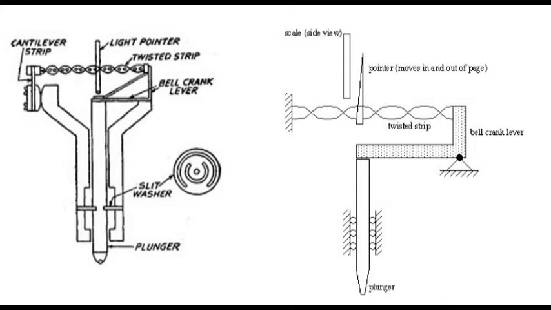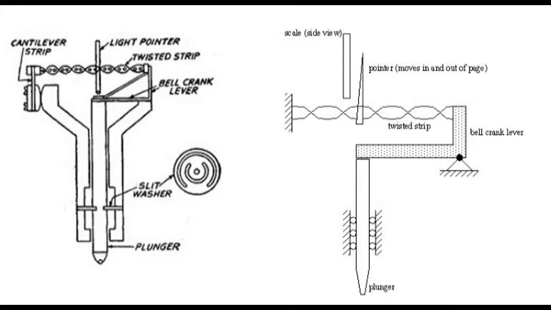A twisted thin metal strip carries, at the center of its length, a very light pointer made of very thin glass. One end of the strip is fixed to the adjustable cantilever strip and the other end is anchored to the spring elbow, one arm of which is carried on the measuring plunger.